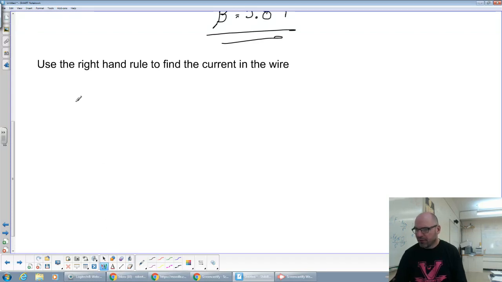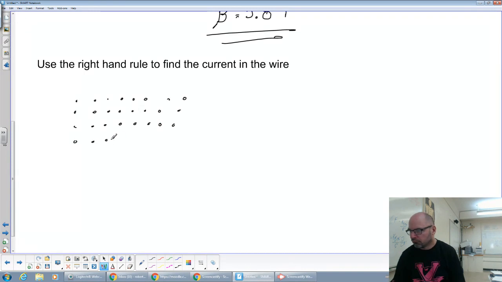So let's say that we had a magnetic field. I'm going to draw a few rows of this magnetic field, and it's coming out of the page.